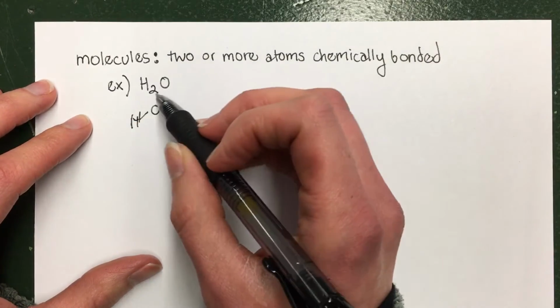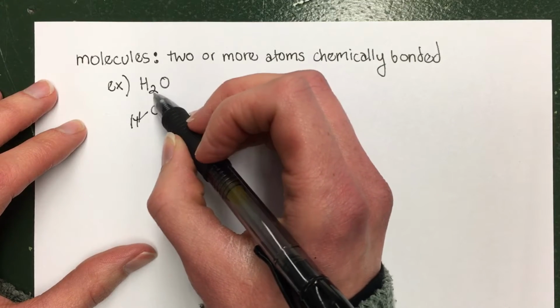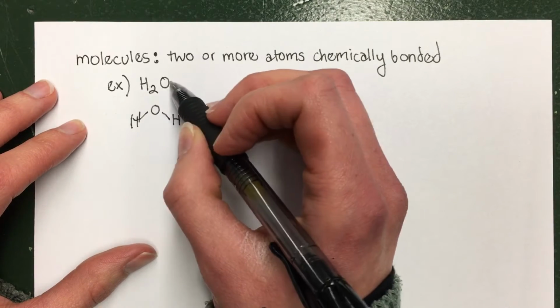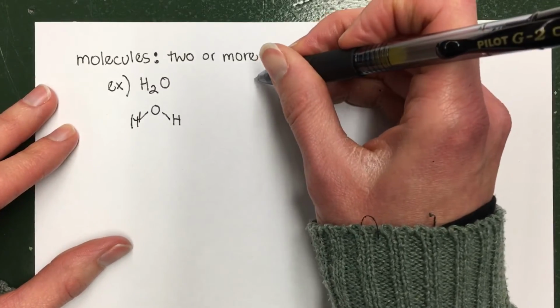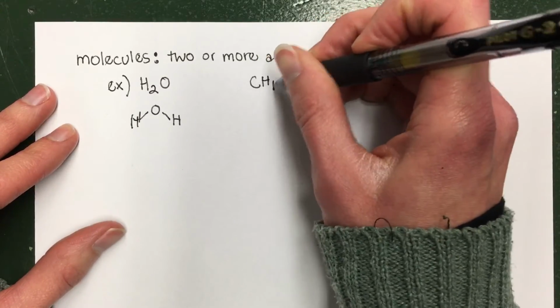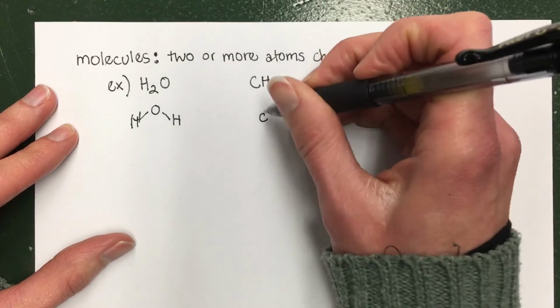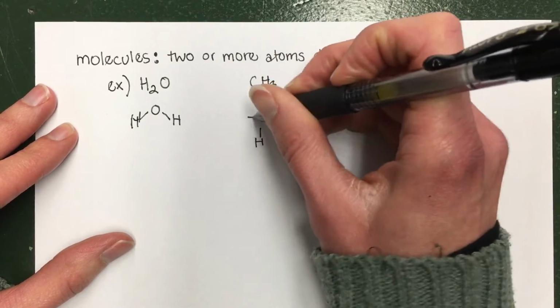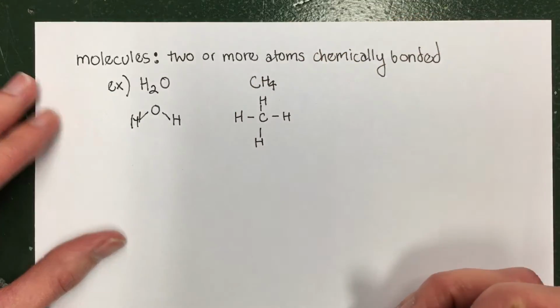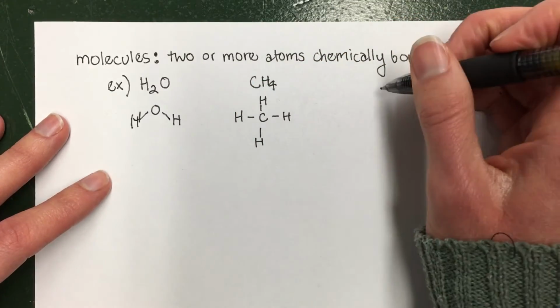The point I want to get across is that there are two hydrogen atoms, that's what this little 2 means, and one oxygen atom. Another molecule that's pretty common is CH4. This is methane. So that's carbon with 4 hydrogens bonded to it. Again, those lines are the bonds.